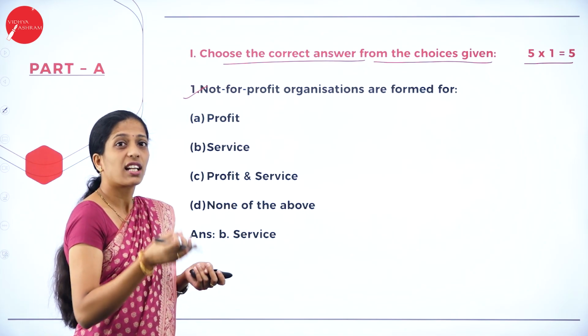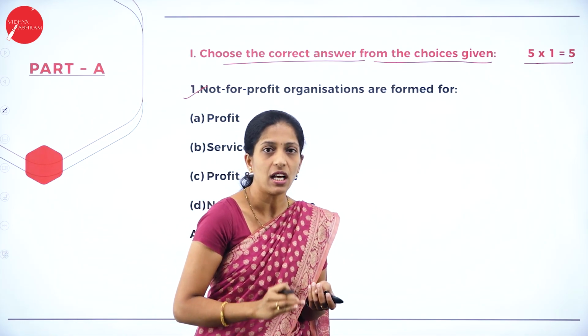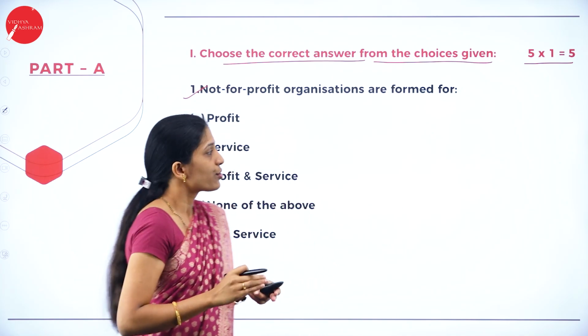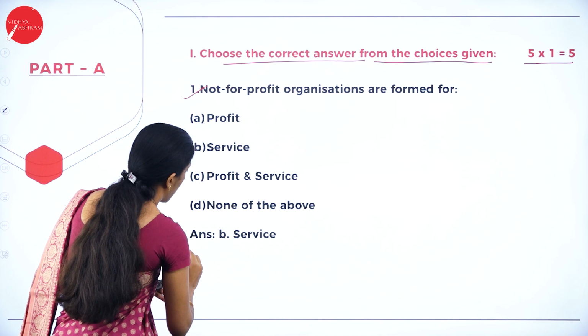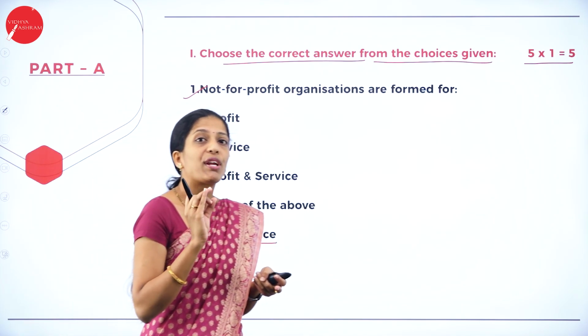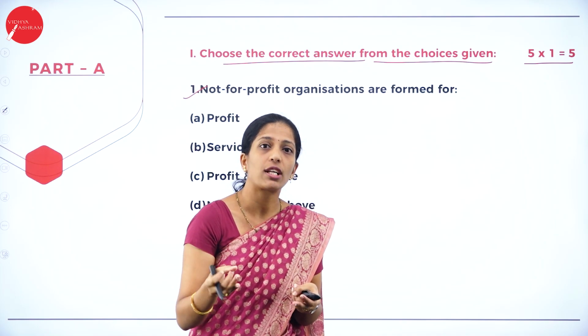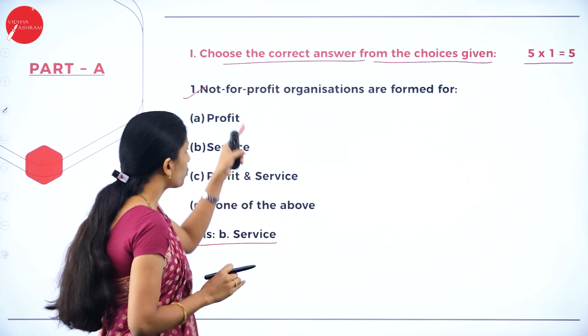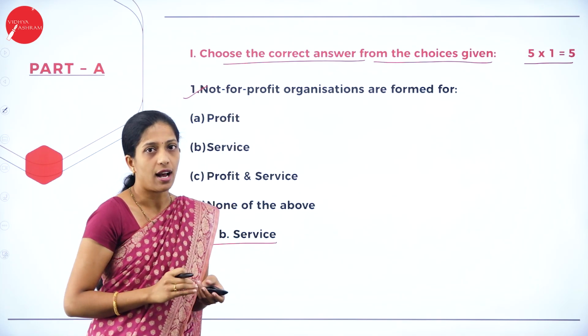So what is the answer? Easy question from the first chapter. What is the main motive of a not-for-profit organization? The answer is option B, service. So NPO, or not-for-profit organization, is mainly formed in order to render service. Go through the options properly and answer.